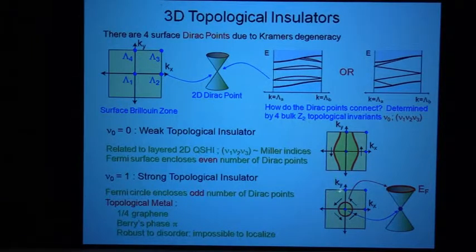This case is more robust, and in this case, these states are impossible to localize even with strong disorder. So they have the same sort of robustness as the helical edge states of the quantum spin Hall insulator.